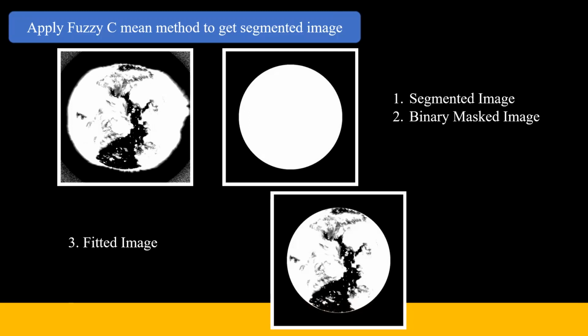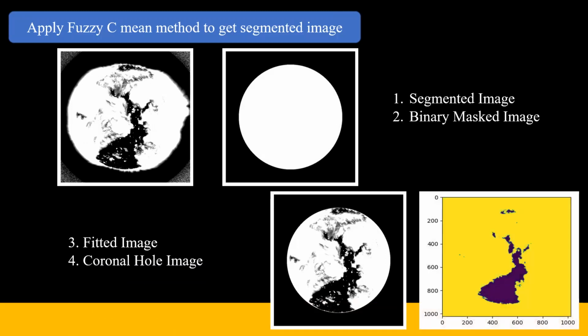This is our fitted image. We subtracted this image from this, and then we received this image. As you can see, the coronal holes are visible and the other noise has been removed. After removing the background, we received the coronal hole images, and this is our final result, in which we detected the coronal hole.